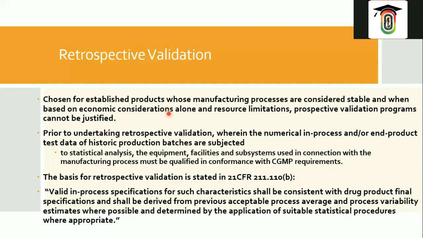Now, prior to undertaking retrospective validation, the numerical in-process or end product test data of historic production batches are subjected to analysis. So what we are going to take is the numerical in-process and end-process test data of historic production. Historic production batches means what?